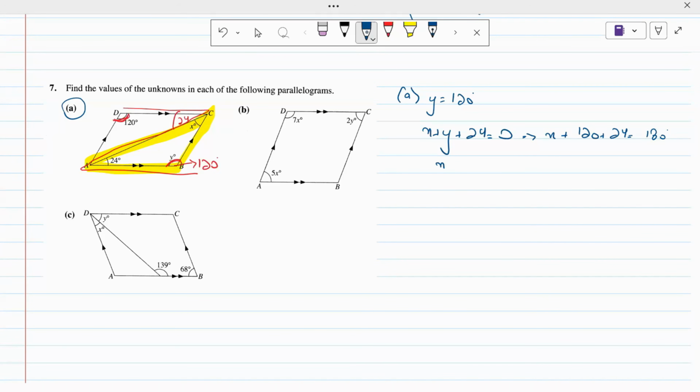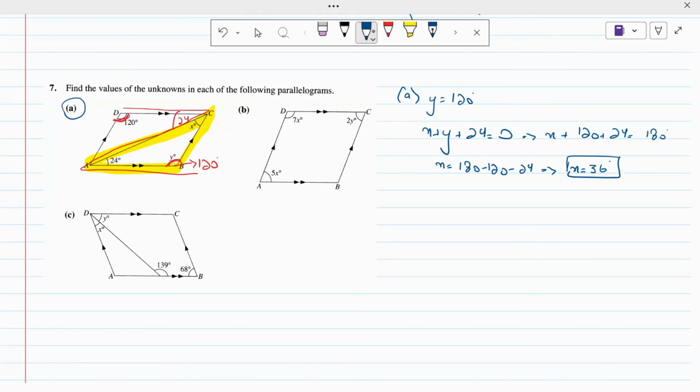So x would be equal to 180 minus 120 minus 24, which gives x as 36. So this was all about part A.